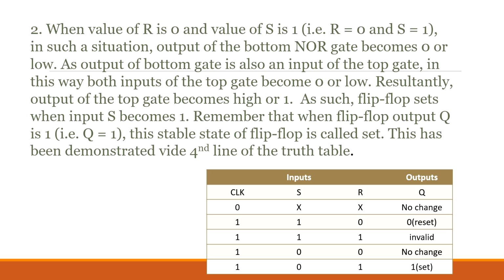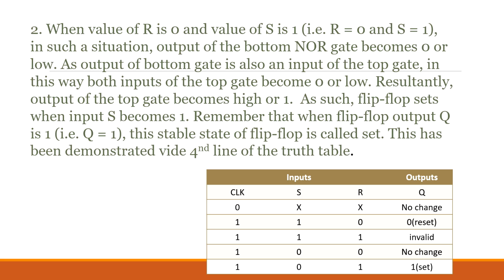Case 2. When the value of R is 0 and the value of S is 1, the output of the bottom NOR gate becomes 0 or low, as the output of the bottom gate is also an input of the top gate. In this way, the bottom input of the top gate becomes 0 or low.